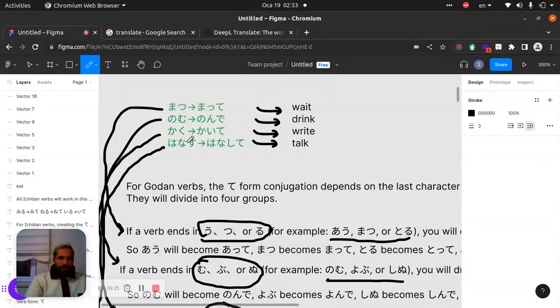And then we have kaku, which will be kaite. And then hanasu, which is talk. In this case, it will be hanashite. So what we did here exactly: matsu will be matte.